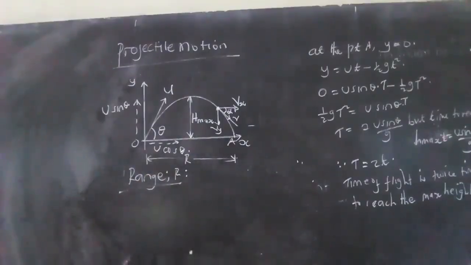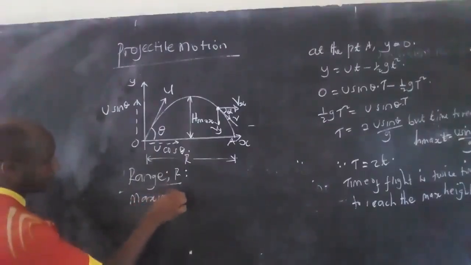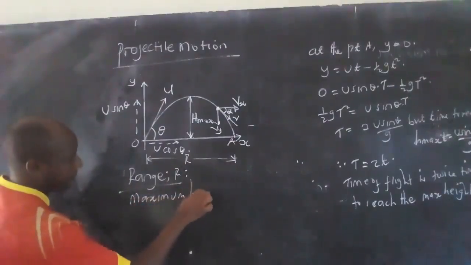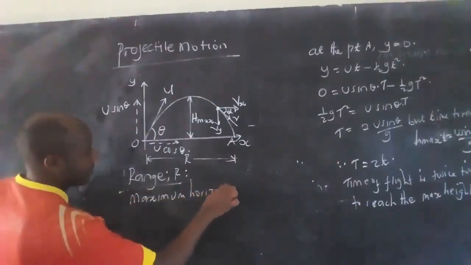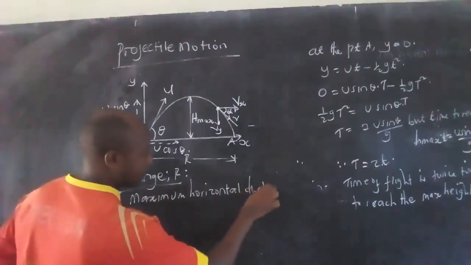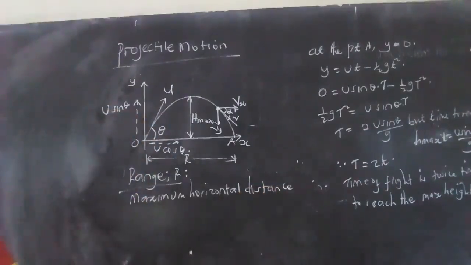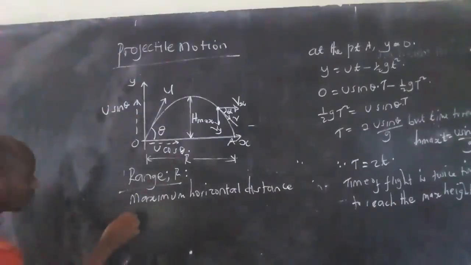We shall say that it is the maximum horizontal distance from the point of projection to where the projectile lands the plane.